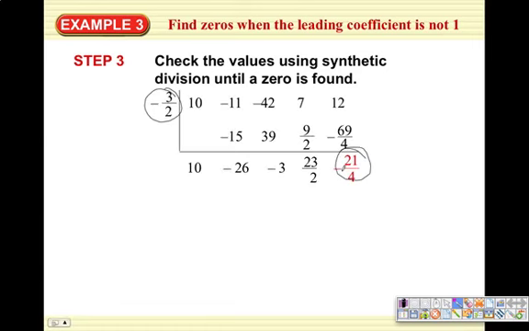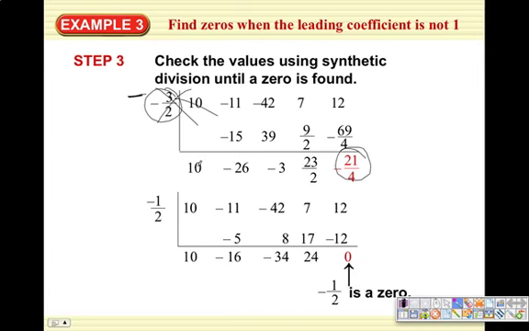The remainder is not 0, which means negative 3/2 is not a 0 of the function. So negative 3/2 is out of the picture. Then I go to another one, negative 1/2. If you use synthetic division, it is a 0.